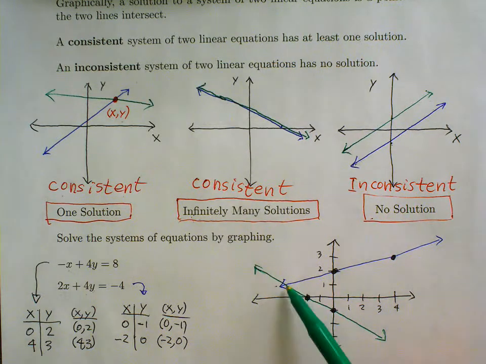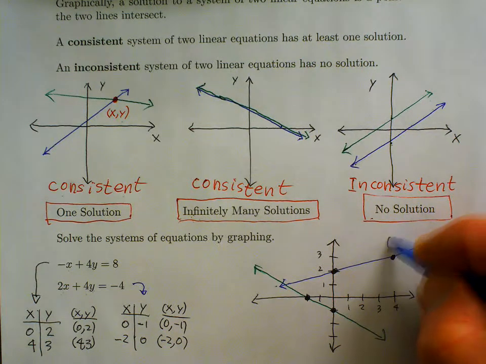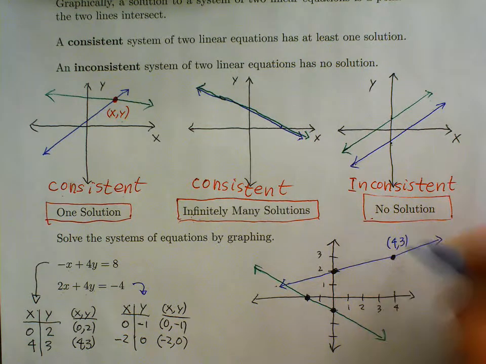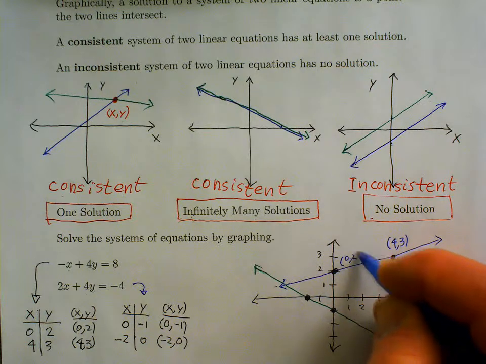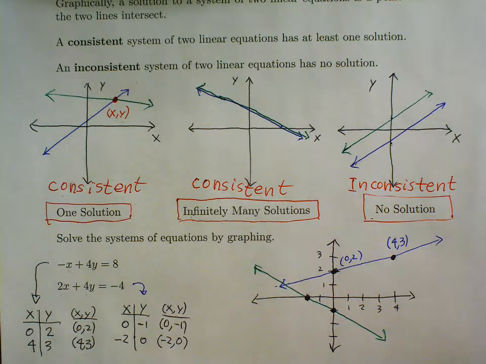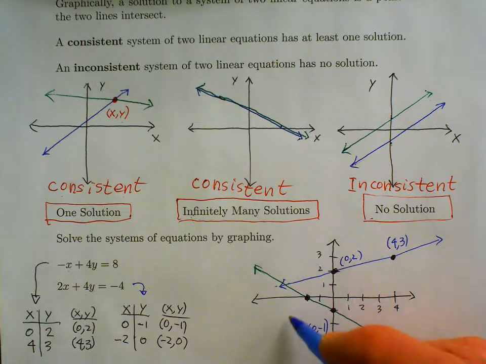So they intersect. Okay, this ordered pair is 4, 3. This one's 0, 2. This one is 0, -1. And that one is -2, 0.